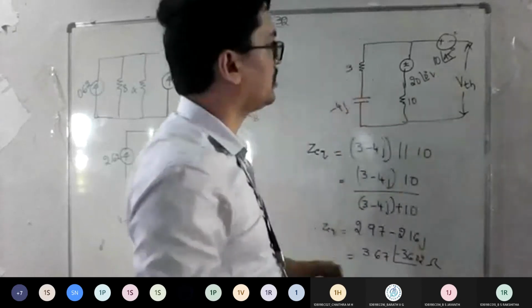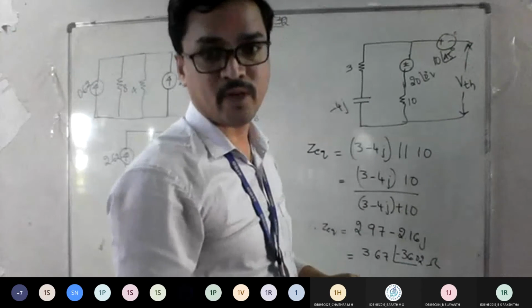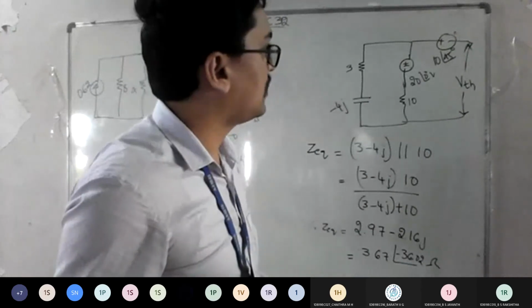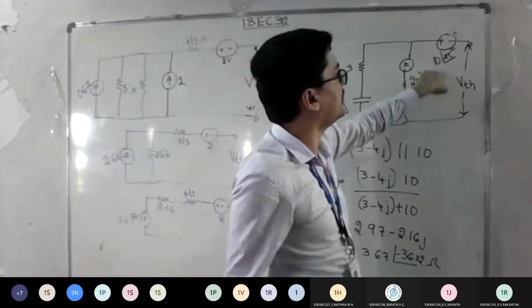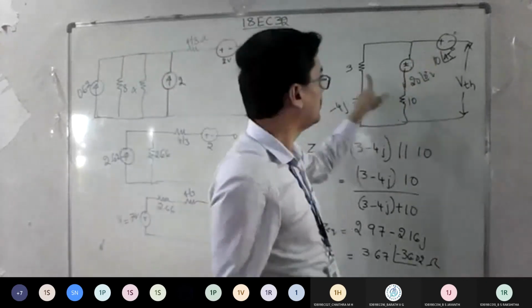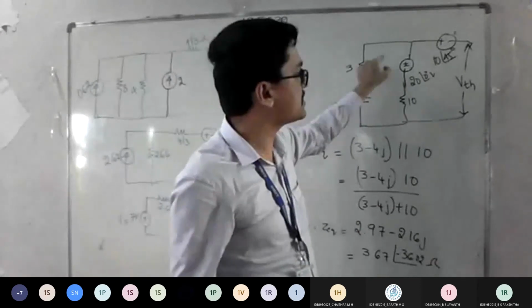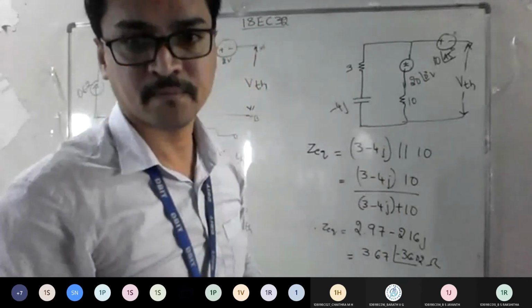Okay, so stick to the procedure. Whether you want to apply nodal analysis or mesh analysis is left to you. Ultimately I want VTH. Since there is no flow of current, this voltage won't come into the picture, only this mesh current. If you apply the mesh current, get me the answer, then you can multiply and get the voltage easily.